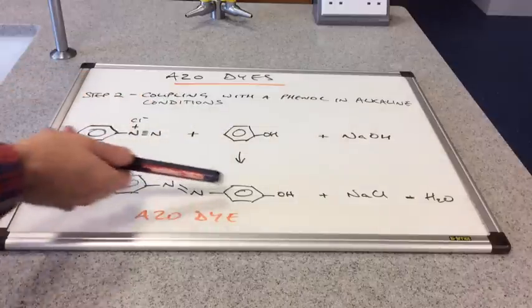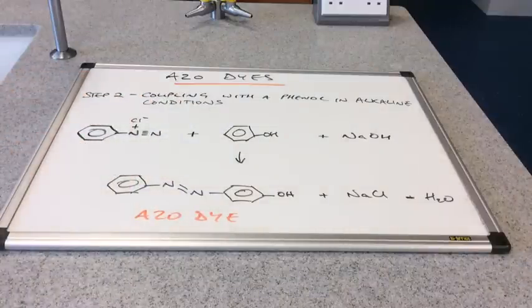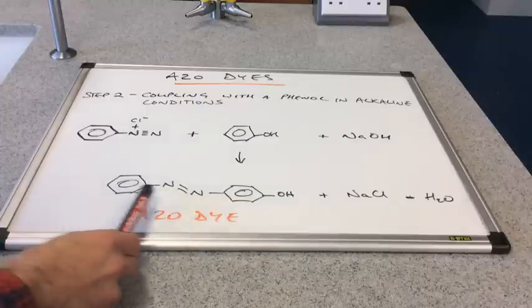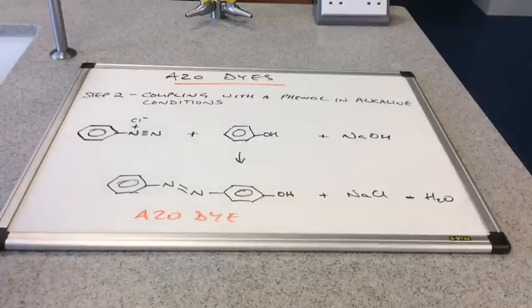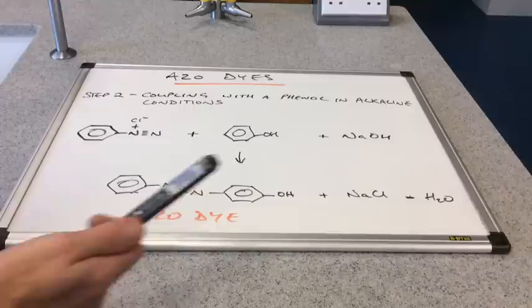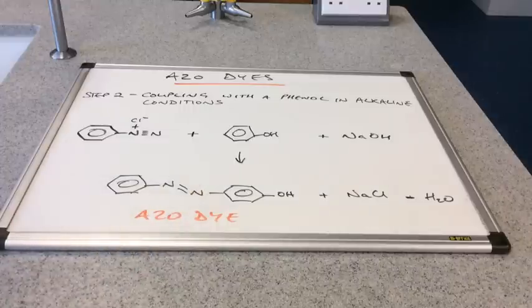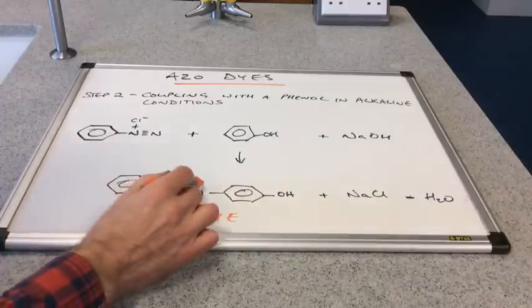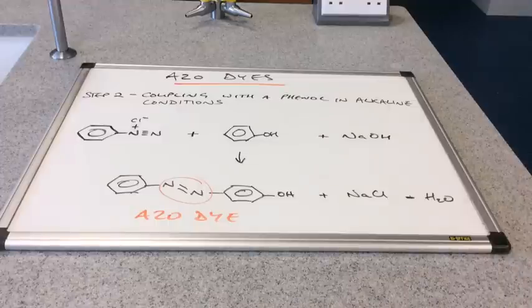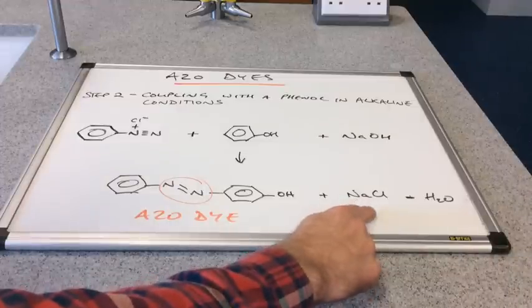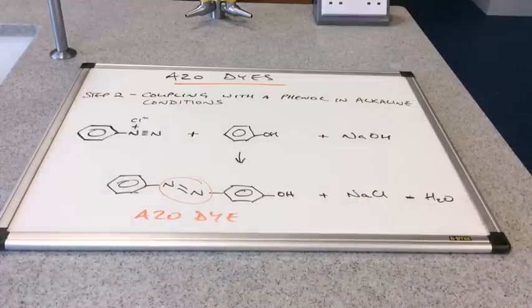You can see that's happened there. So we've created this rather nice looking molecule here. This is called the Azo dye, and it's because it contains the azo group, which is this part of the molecule here. You can see the other products are sodium chloride and water.